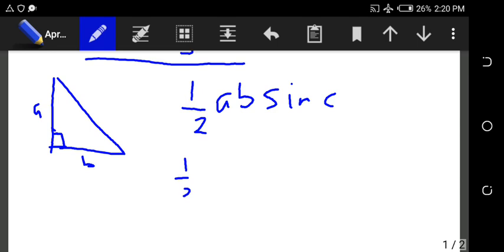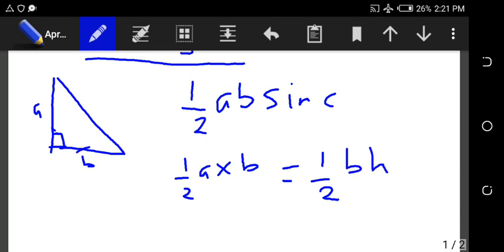We have half A times B sine 90. Now, what is the value of sine 90? Sine 90 degrees evaluates to 1. So sine 90 is 1, and because sine 90 is 1, what we have is half AB. And this is where we get the formula half base times height.